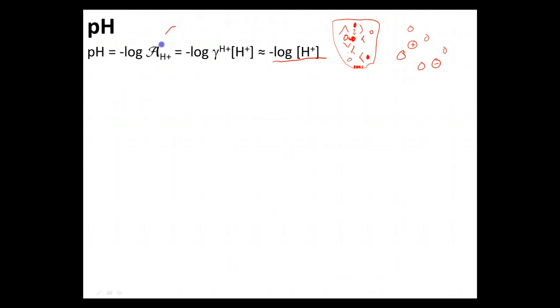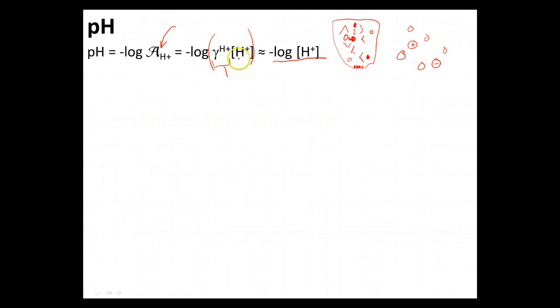So what we really care about in solution is the activity of the H plus ion. The way that we can calculate that is we take the negative log of this whole term here, which includes the activity coefficient. In other words, we go to some table and look up what the effective value is, and that's going to modify the concentration of H plus.